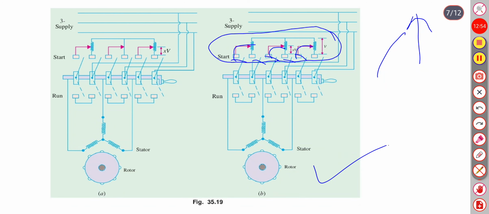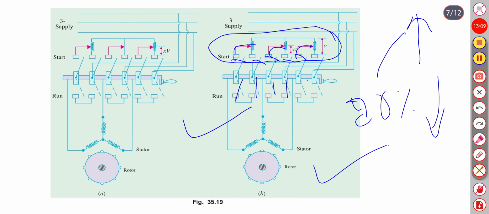After attaining the speed of around 80% of the full load speed, the switch is moved downward and it is directly connecting to the line. So the motor will run with the supply voltage and the transformer will be disconnected.